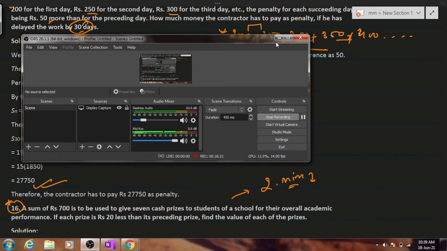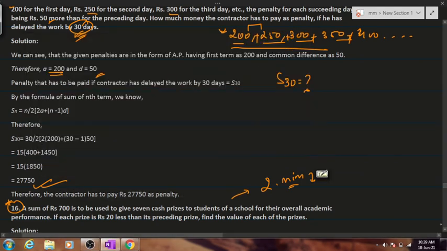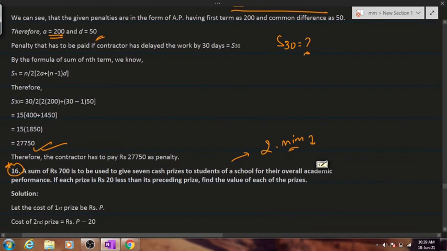Okay, now we shall start discussing this numerical. Now, a sum has been given. The sum of 700 rupees is to be used to give 7 cash prizes to the students for overall academic performance. If each prize is 20 less than the preceding prize, what will be the value of each prize? Can anybody tell me what is given over here? The sum has been given of 7 cash prizes.